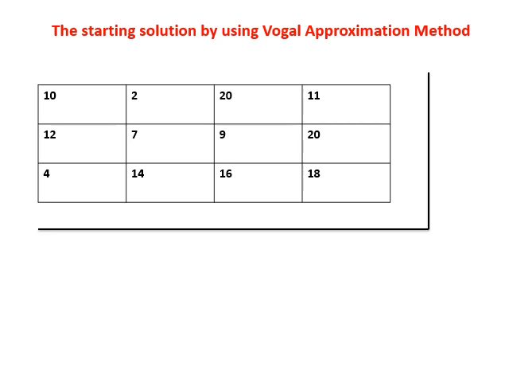Now let's take the starting solution by using the Vogel approximation method and then compare the three methods in the result for the starting solution.